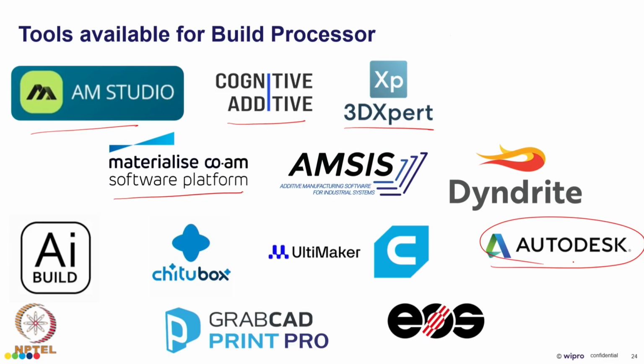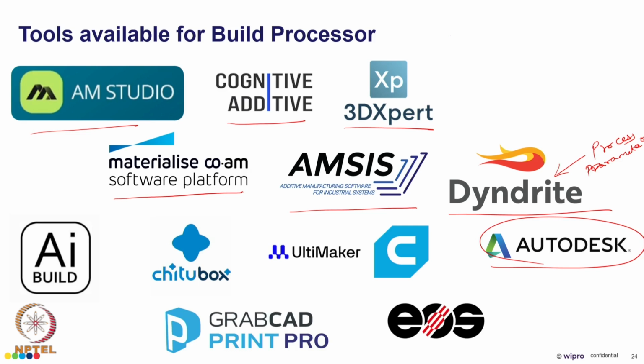So, these kind of players will provide their support to multiple technologies and multiple OEMs as well. But there are still some players who work with only one particular domain, like AMSys, Dintrite, who basically generate final machine code only for LPBF technology for various machines. That means they work with multiple machine manufacturers like EOS or Nikon SLM Solutions, whatever the machine manufacturer it might be, they will work with it.